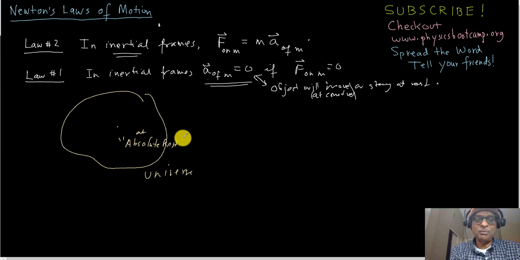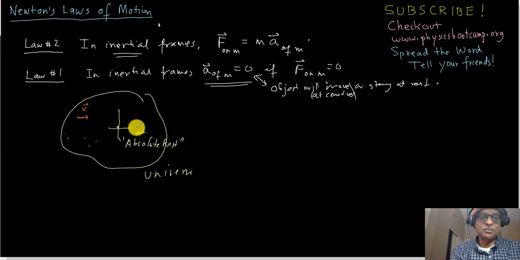This is the center of the universe, at absolute rest. So we have a preferred frame here. Say here is some particle P, and maybe another particle, but on this particle there's no net force, so this particle will have a constant v with respect to this frame.